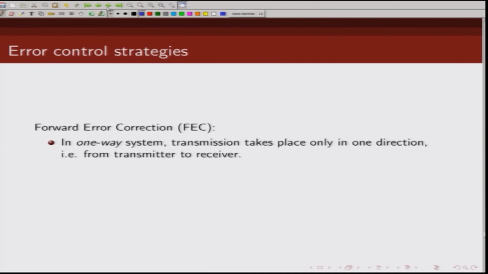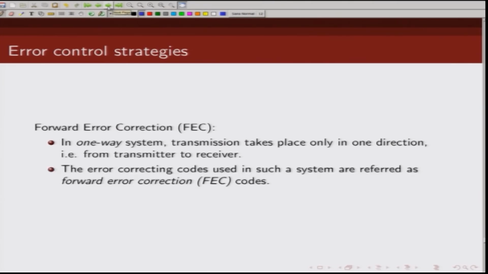In those systems, the error correcting codes that are used are known as FEC. So, when you hear this term FEC code, it basically means this is error correcting code used when we are using transmission one way from transmitter to receiver.